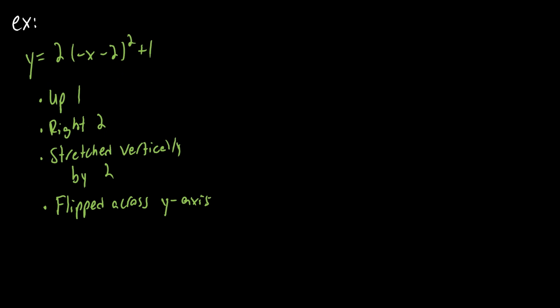All right, let's move on to our next function we have here. Our next one's a doozy. We have y equals negative 5 times 10x plus 3, to the fourth, minus 5.